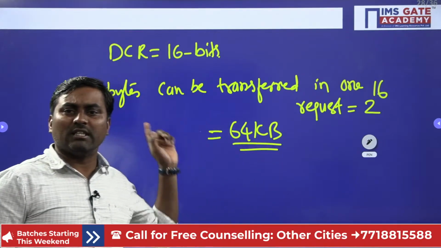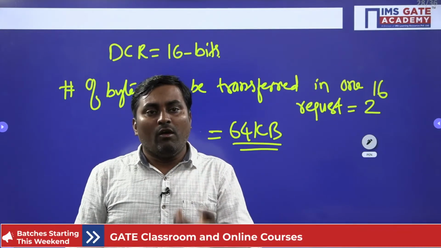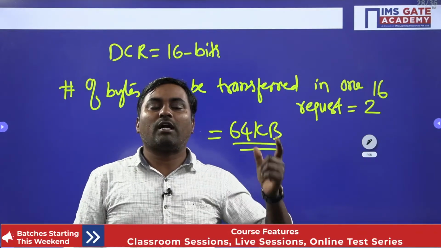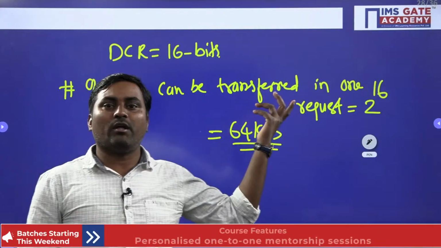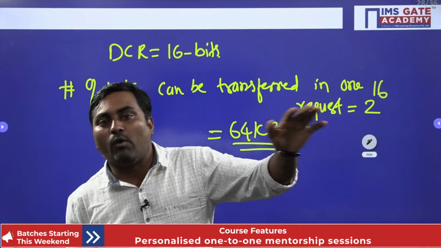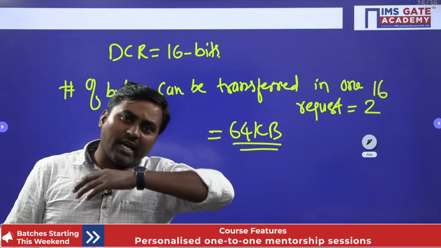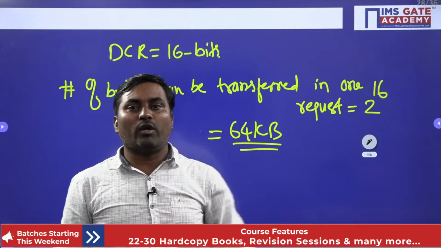You understand this line's meaning. Once you get the system bus from the processor and initiate the transfer, you have to transfer byte by byte until the data count register becomes 0. You transfer 64 KB, release the system bus, and inquire again after one instruction cycle. Once you get the system bus, again you transfer 64 KB. Now the question is how many times I have to inquire?